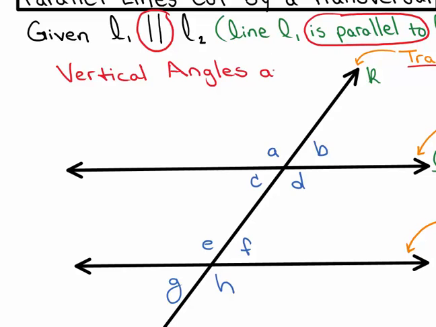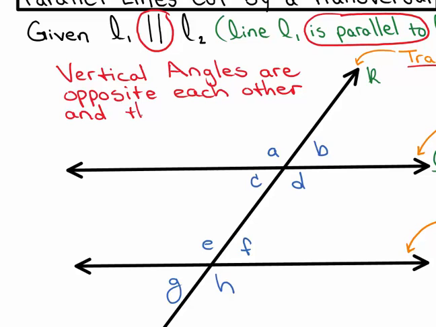Vertical angles are opposite each other and they are equal in measurement.